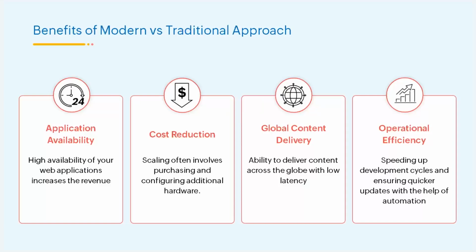Let's explore some of the benefits of modern versus traditional approaches in building an application. In the traditional approach, the applications were hosted on on-premise or single data center servers, experiencing high downtime and limited availability, leading to potential performance issues during high traffic periods.